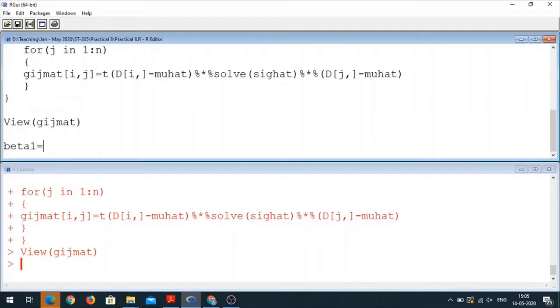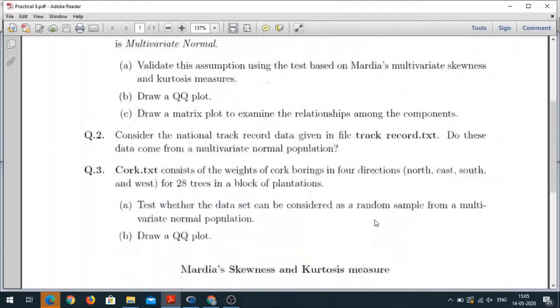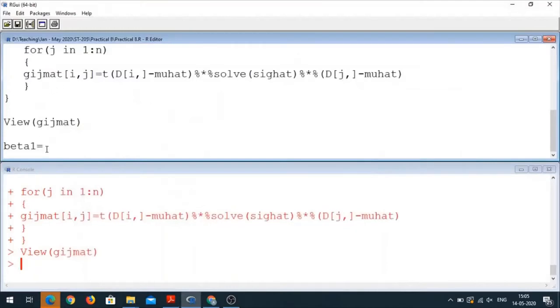So beta 1 by our formula is mean of GIJ cubes. Okay, so I have to do mean gij mat cube. Anyway, I want component wise cube, so I don't need to worry about the fact that this is a matrix.